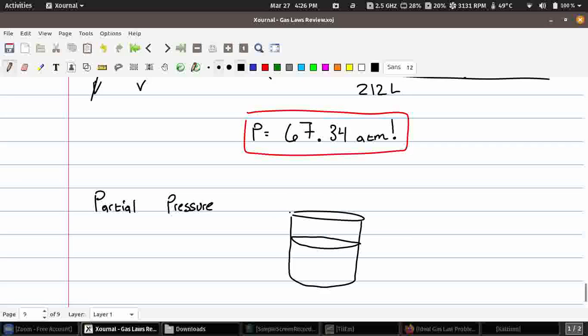Okay, so this beaker has a lid on it. Let's pretend the lid's airtight.